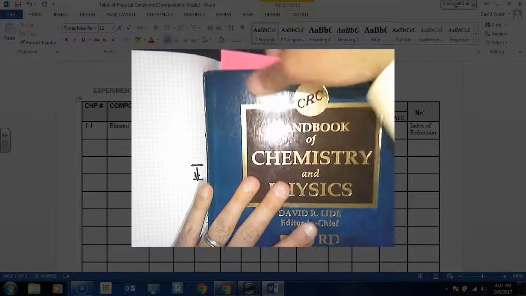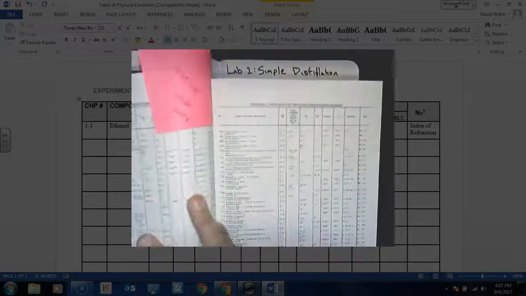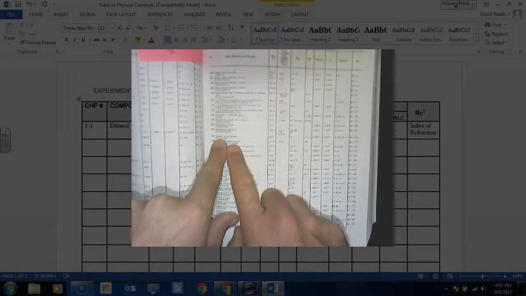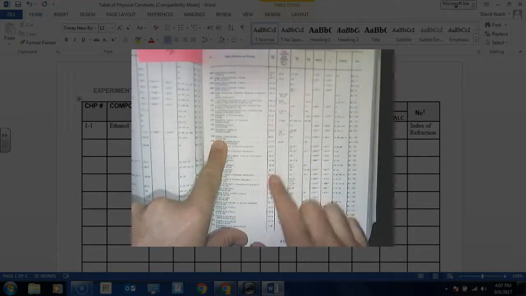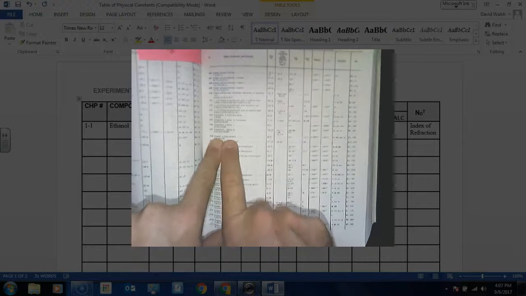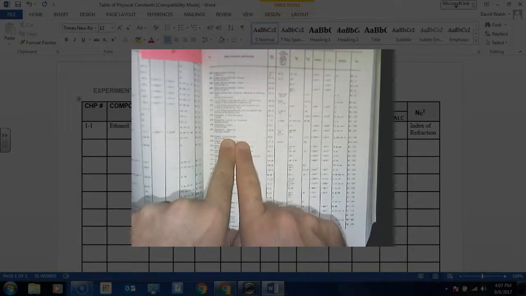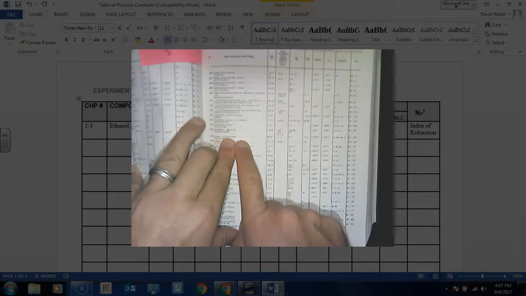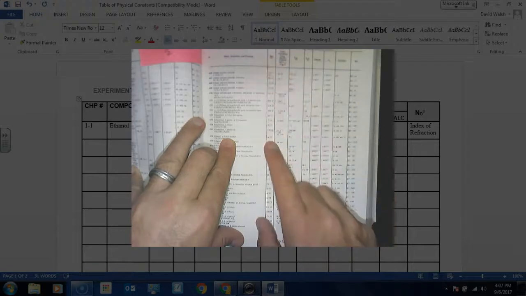So it may be hard to see here, but if I look down here, I can see ethanol. Okay? Now, here's ethanol, or version is ethyl alcohol. Now, the reason why I may want to use this as opposed to Google search is because, look, it's coincidental.